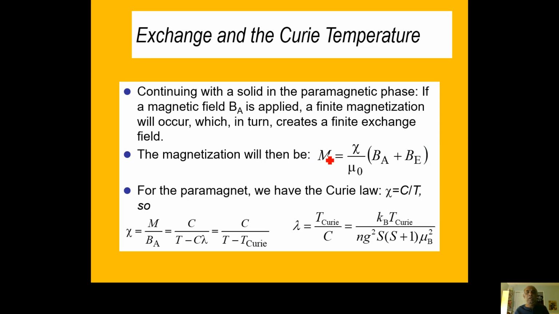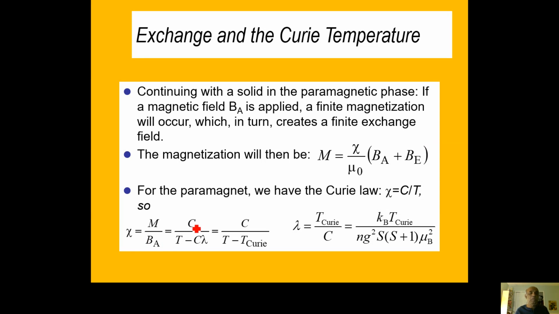Then you have common M, with 1 minus this, you have lambda M coming here. So if you calculate that effective susceptibility, that is M over BA, that's how we define it, due to the applied magnetic field. That is given by C over T minus C lambda. If I apply this chi here, this value is C over T. But remember, this is different. This is the effective chi.